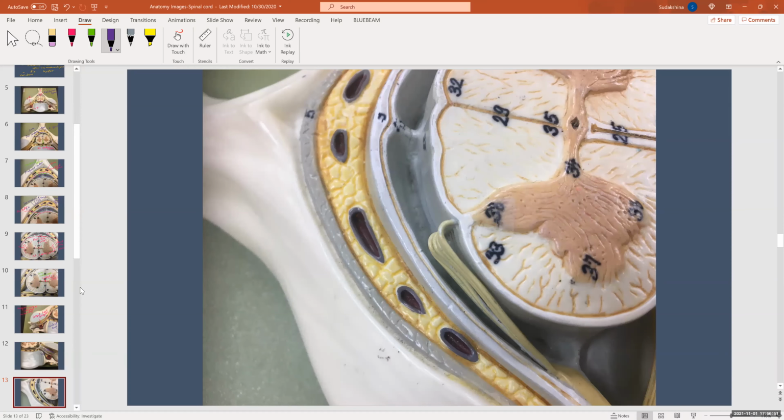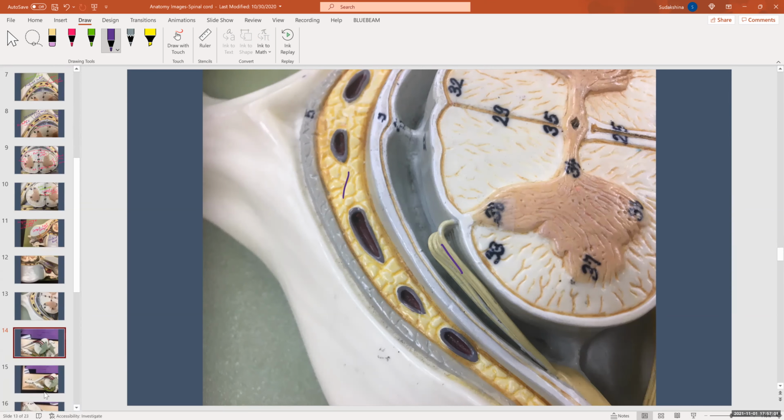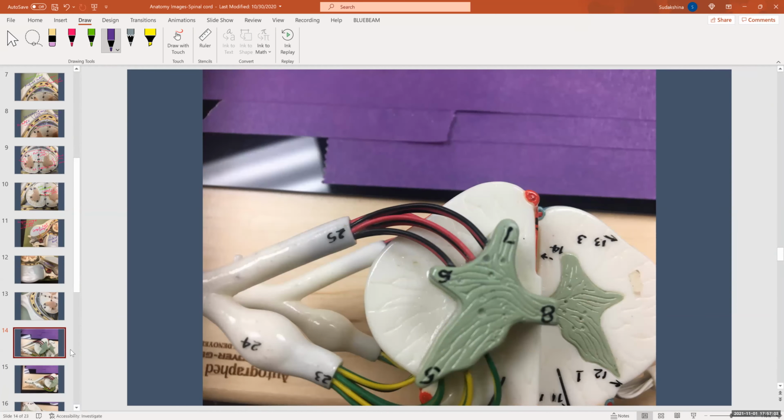Okay, so this is just to show you again. Here is the root, epidural space, the same, dura, pia, etc. So basically, you can transfer what we just learned into these models. You can see the dorsal root, meaning this will be posterior gray horn, anterior gray horn, lateral gray horn.